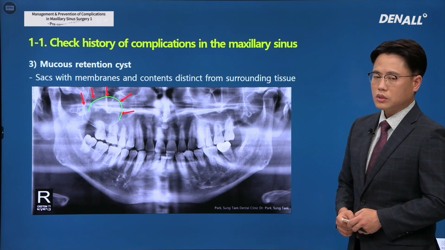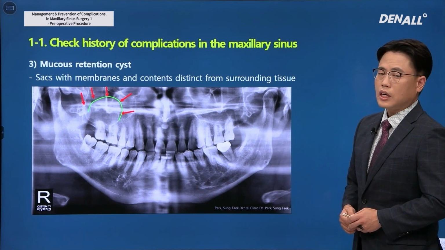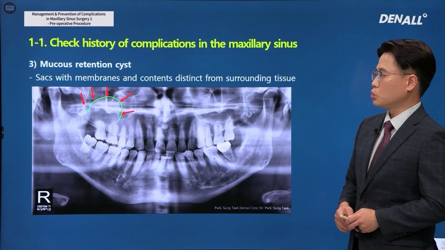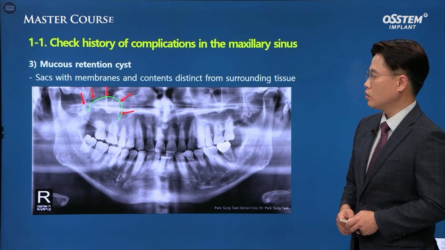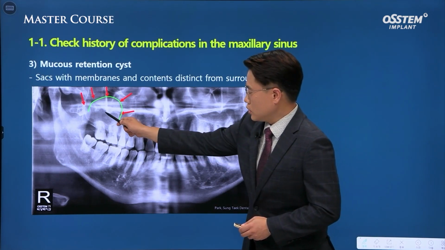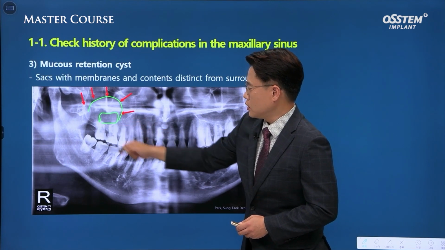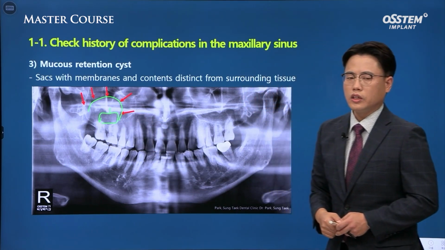If there's a mucus retention cyst, you can still proceed with surgery. However, if the size is significant, you can either reduce the size or take additional measures. In terms of reducing the size, we can approach it laterally and make a slight incision to remove the contents.